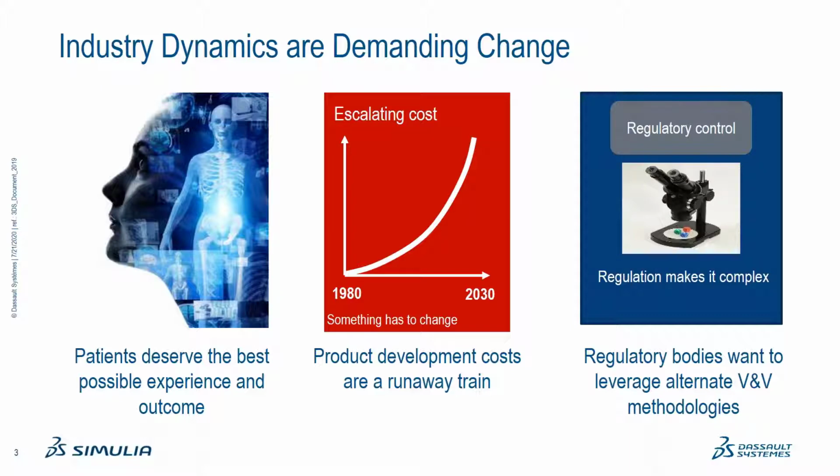Secondly, looking at the central image, the cost of getting a new device to market continues to rise. This necessarily constrains R&D bandwidth, and unless the curve is inflected, most companies will not have the capacity to aggressively pursue personalization. Thirdly, and here's the positive news, the FDA wants to find less expensive ways of validating products for market approval, one of which is the use of simulation.